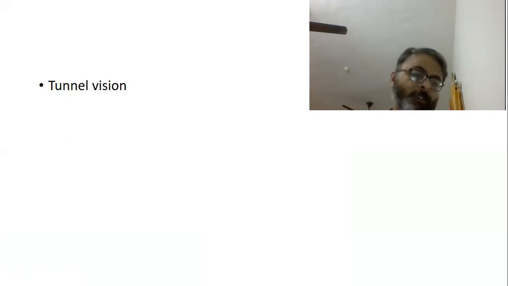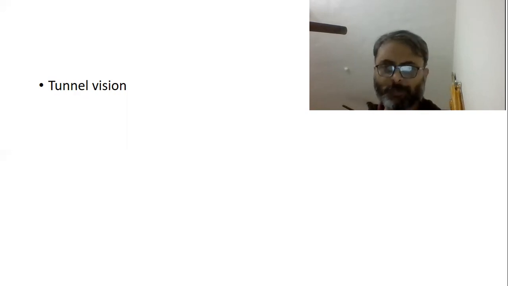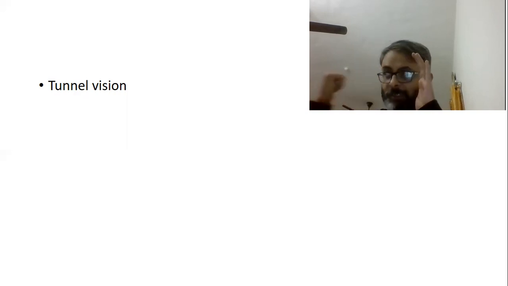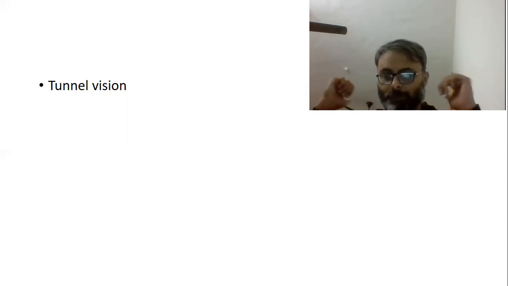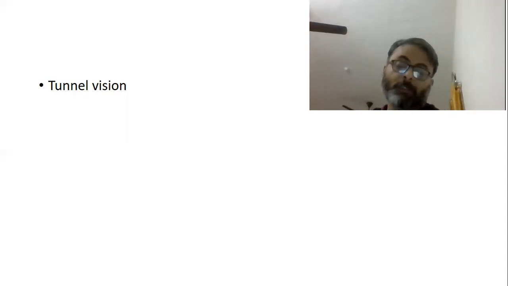You have a horse with plates on the sides, so that the horse cannot see this part and this part, and can only see the front. Like that, if you see through a small pipe, you can see only a small part of the picture. You cannot see the whole picture. That's tunnel vision.